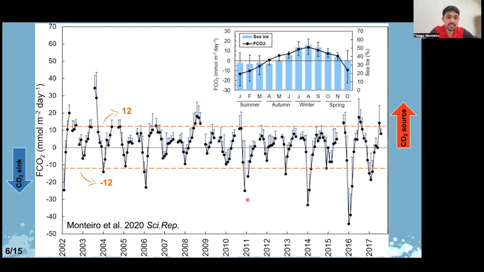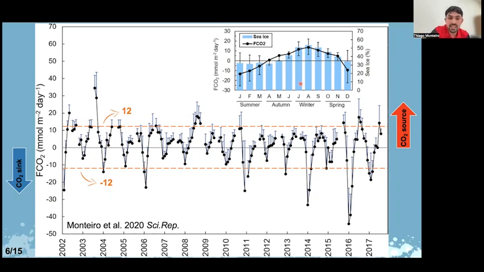What we can see here is that there is an intense seasonal variability, and this variability is summarized in the top right inset, where we have the CO2 fluxes as well as the sea ice cover in the blue bars.